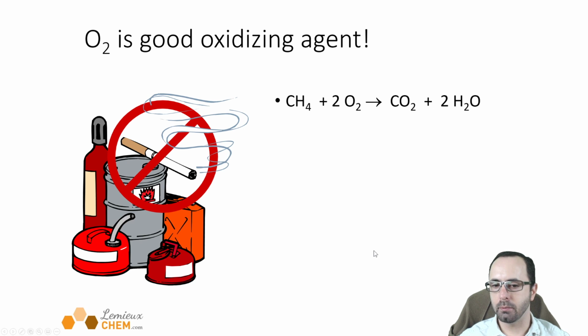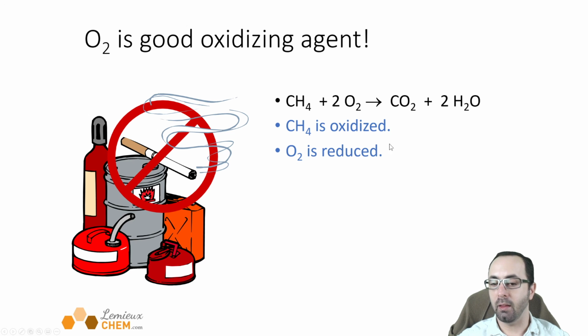So here, again, when we have combustion, the oxygen always supplies the oxygen atoms. So here, the CH4 is being oxidized because the carbon now is gaining oxygen atoms. And the oxygen's reduced because it's supplying the oxygen atoms. It's giving them away.